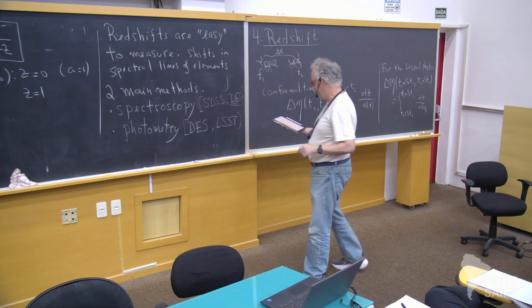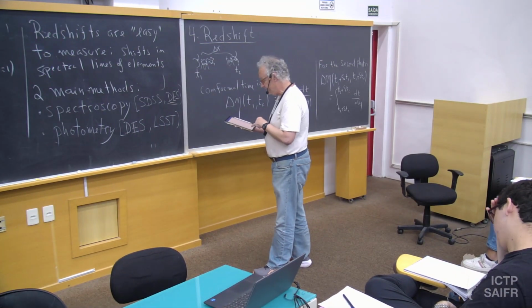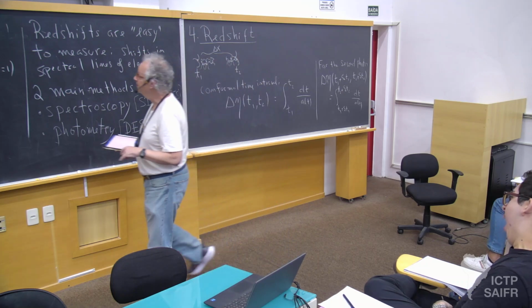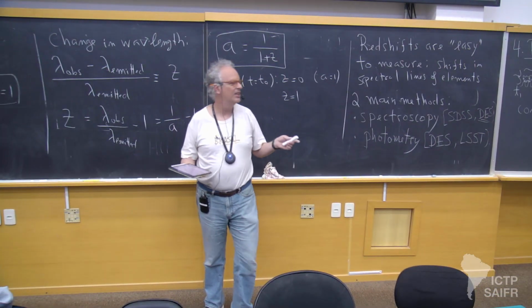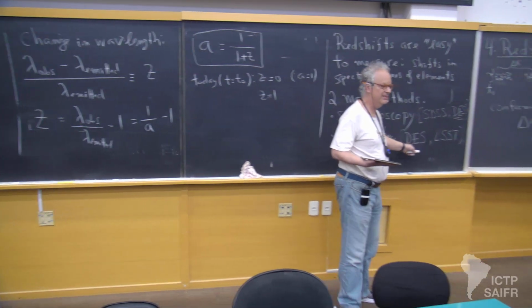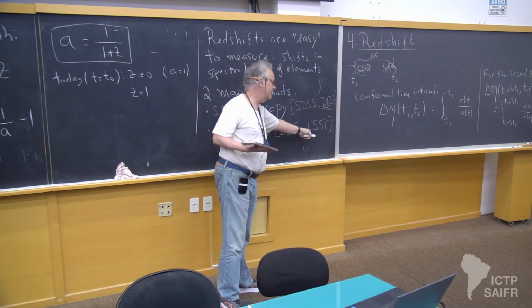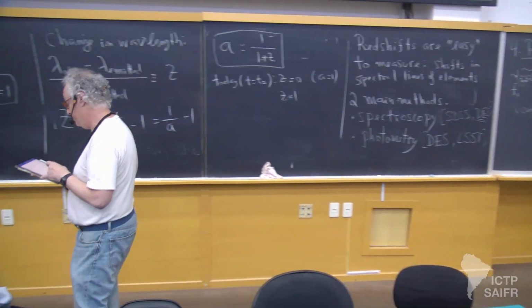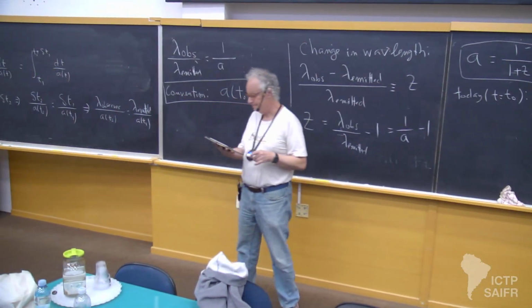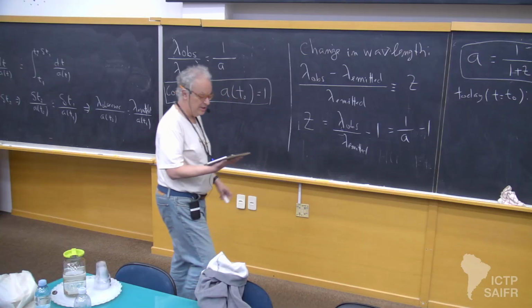Those are the main techniques used to measure redshifts of galaxies and make these huge surveys of billions of galaxies. Well, Dark Energy Survey has 300 million galaxies, and LSST will have billions of galaxies with redshift measures. So it's really incredible. Very good.